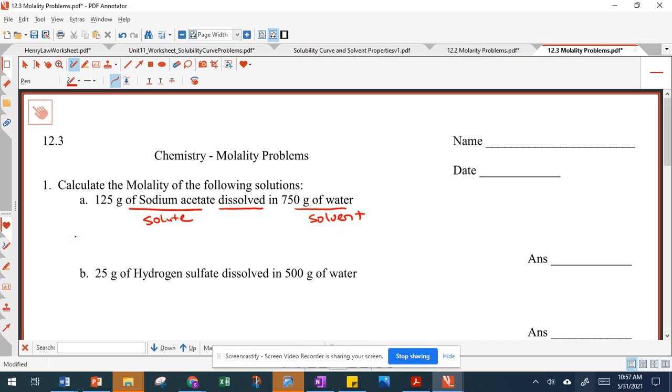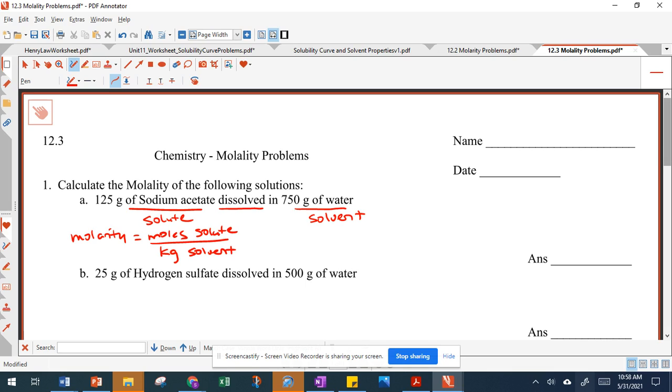And remember your equation: molality is equal to moles of solute over kilograms of solvent. So your solute you're going to have to get to moles or maybe get out of moles, and your solvent you have to make sure is in kilograms. That's what you need to be careful with on this sheet.